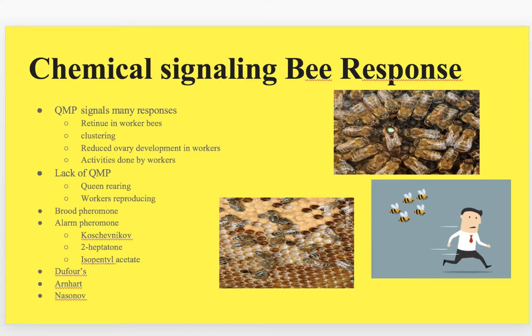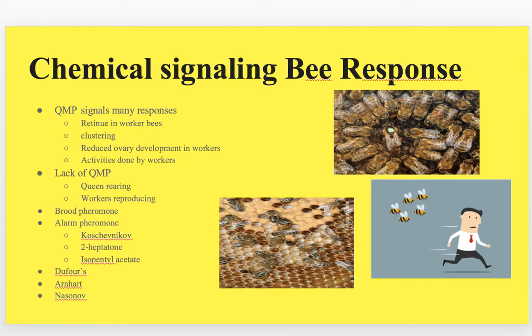Another response is clustering, which happens when the hive swarms into one location and the bees are all clustered together in one large bivouac. Also, queen mandibular pheromone is responsible for reduced ovary development in worker bees, and also influences the activities done by workers such as comb building, foraging, and storing of food.